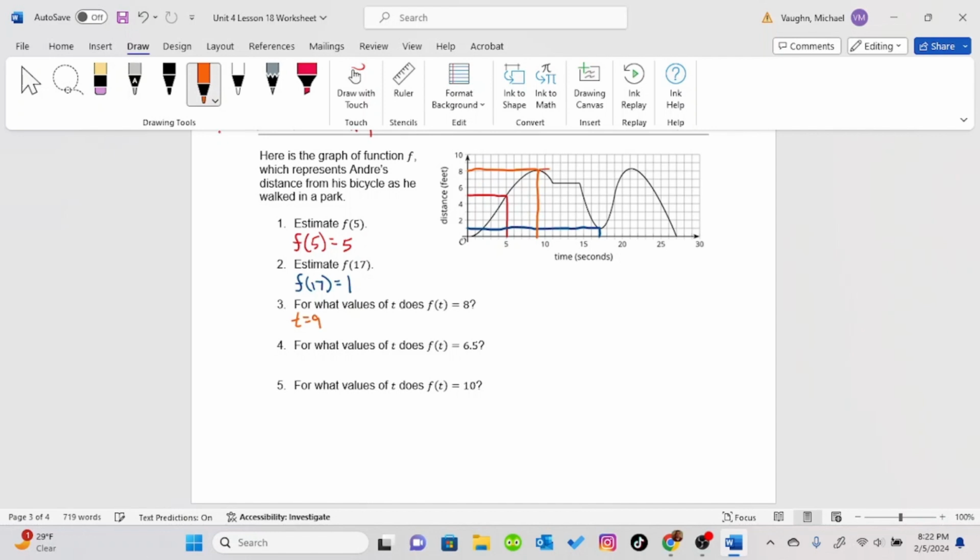But if we keep going, it also looks like this happens when t equals 20. And if we continue going, it looks like it happens again when t equals 22.